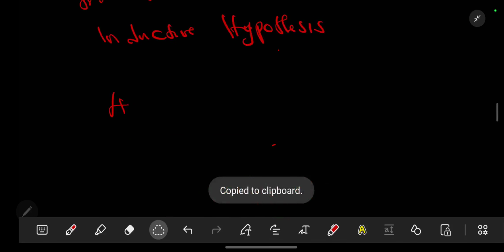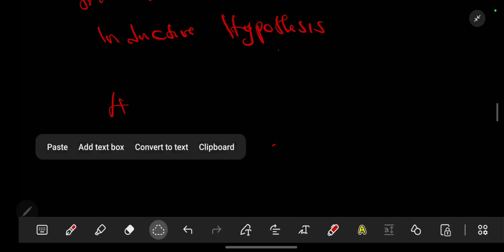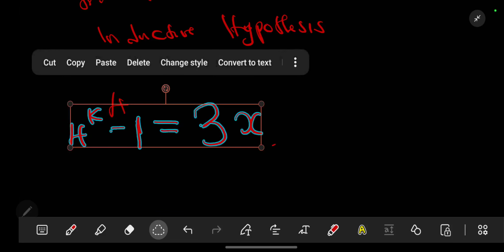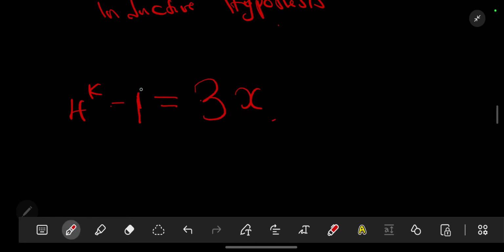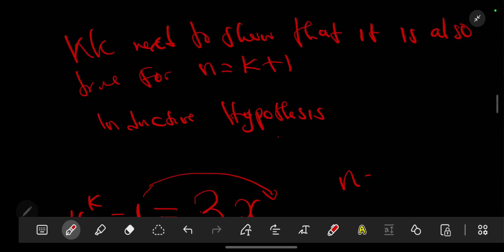When you take this one, then what you are going to get is, you are going to take this value this side. 4 to the power k should be equal to 3x plus 1 like that.